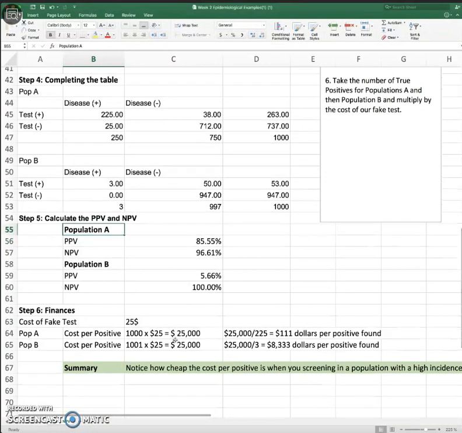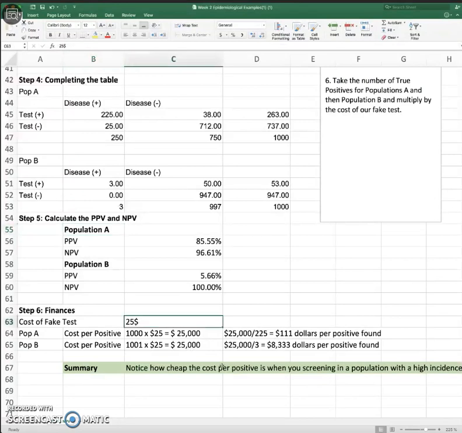Okay, so let's say that each test costs $25, and there's an error right here. I'm doing 1,000 tests in each population, so each population costs $25,000 to screen. I used 1,000 times 25, which gets you 25,000. Well, in population A, remember, I found 225 cases.